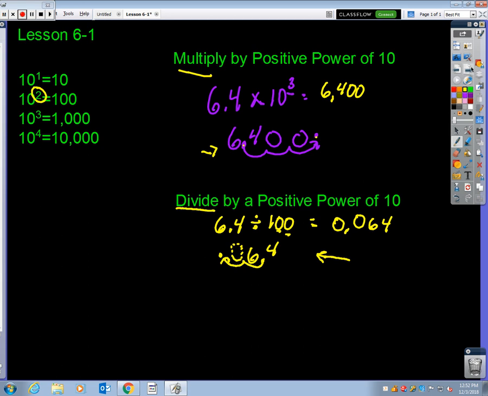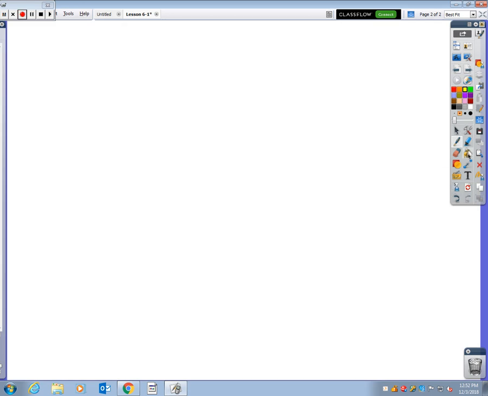So let's go ahead and do a couple of examples, and let's see kind of where things are at. Alright, so you're going to see a problem that looks like this. Everybody write this down in your notebook. 735. We are going to divide that by 100. Well, where's the decimal? So what I do is I copy my problem down. Right below where I'm copying my problem down, I take my first dividend and I rewrite it. 735.